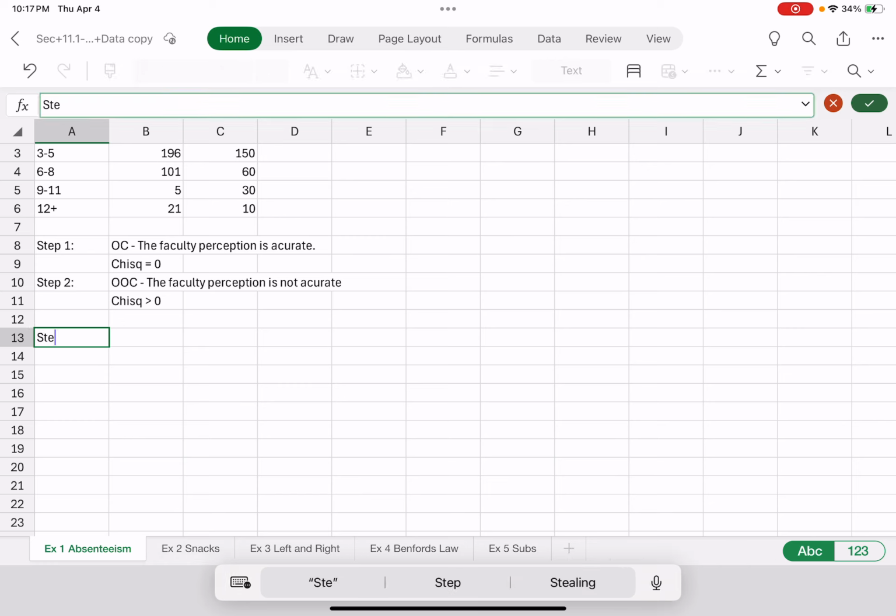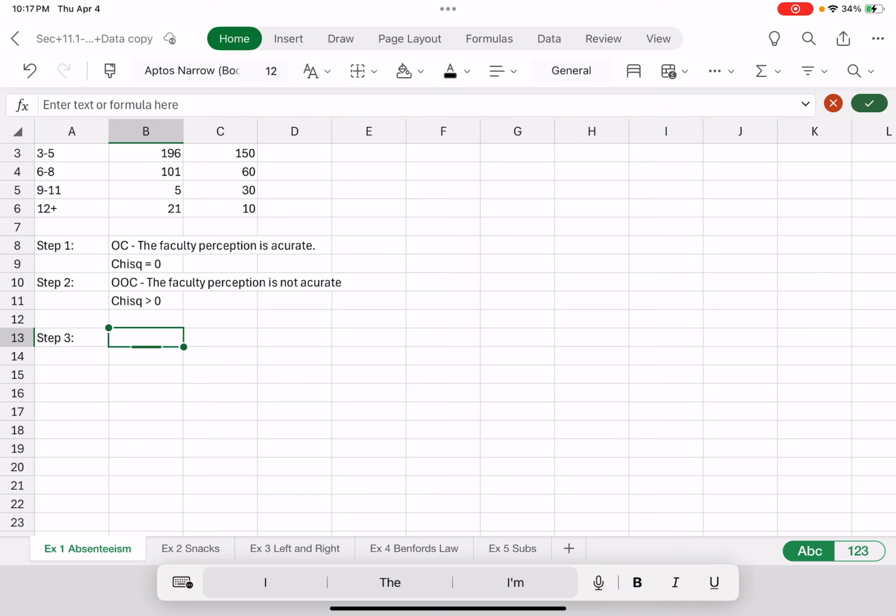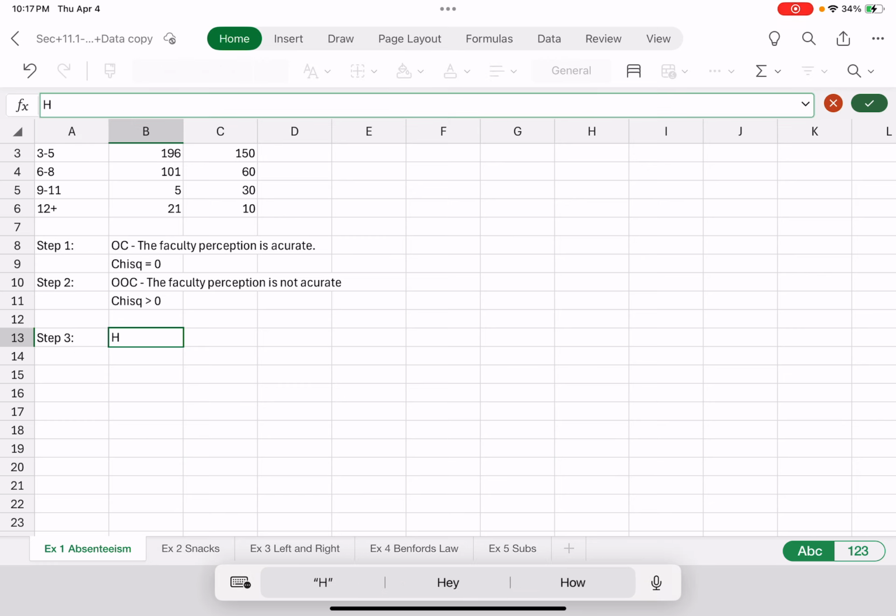Okay, let's go on to step 3. And our null hypothesis is going to be that the perceived frequencies, and this is in general, right?